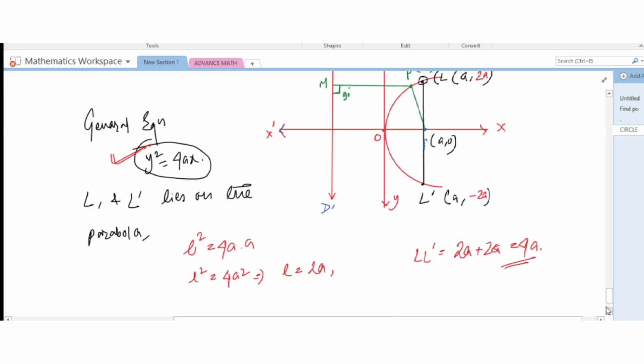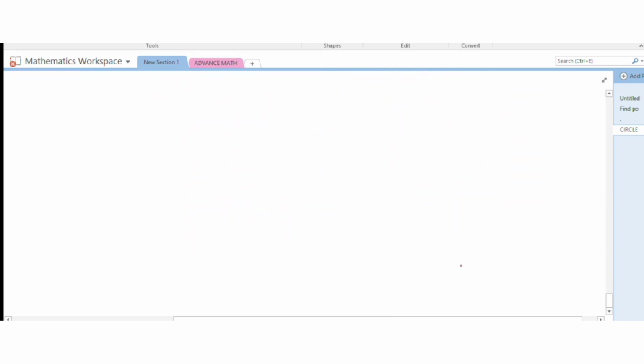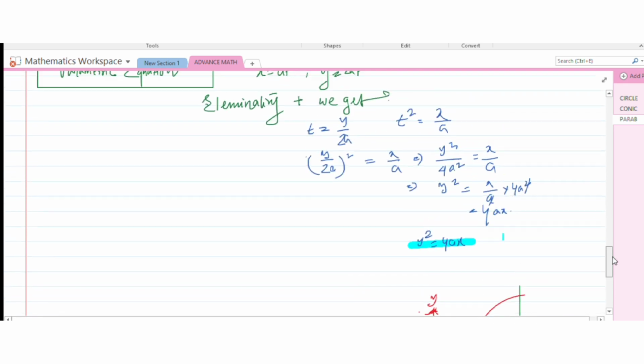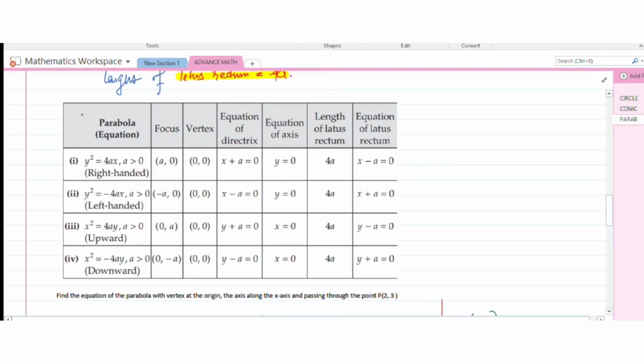Like this we need to take the equation of the parabola. Now, similar kinds of four parabolas are there. We can define this with a chart. With regard to this chart, we can find the four kinds of parabola.